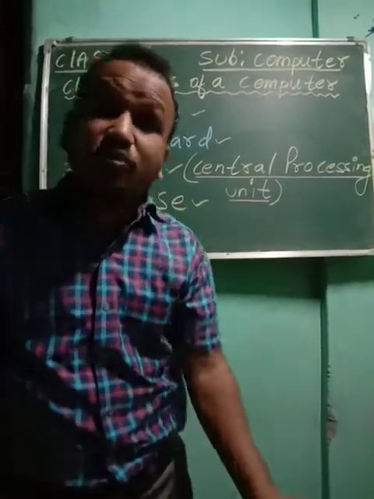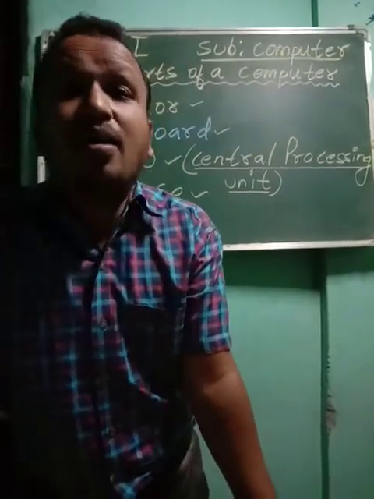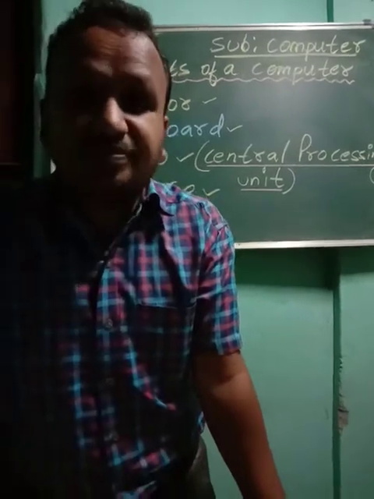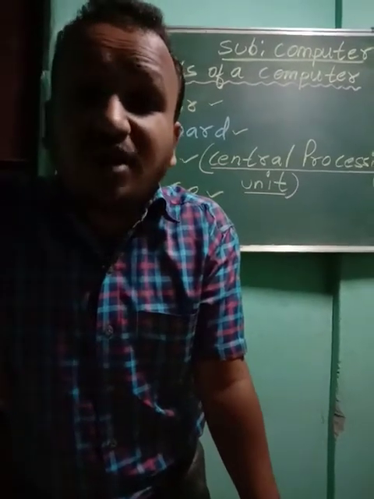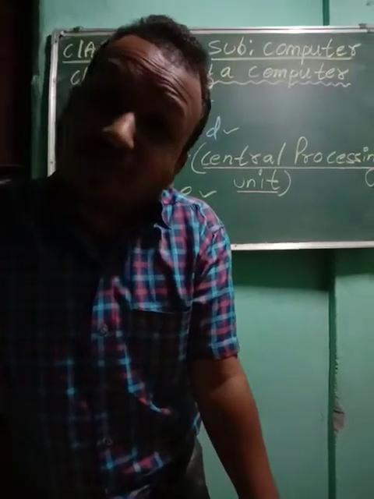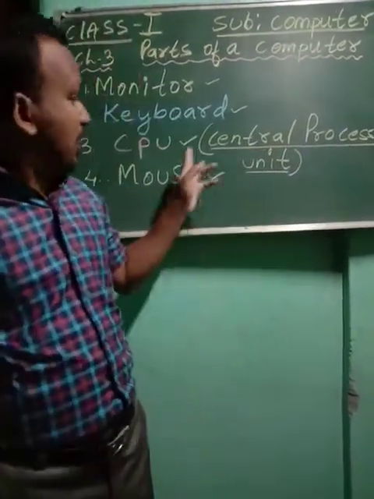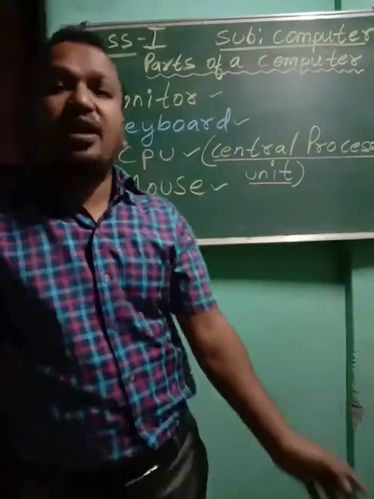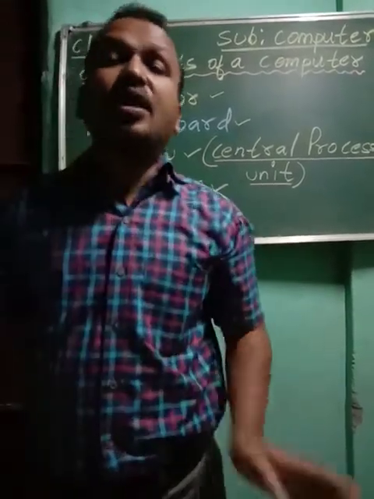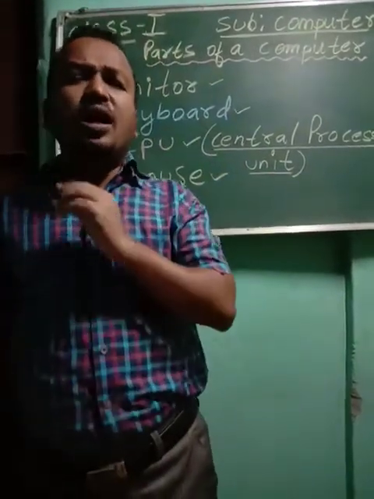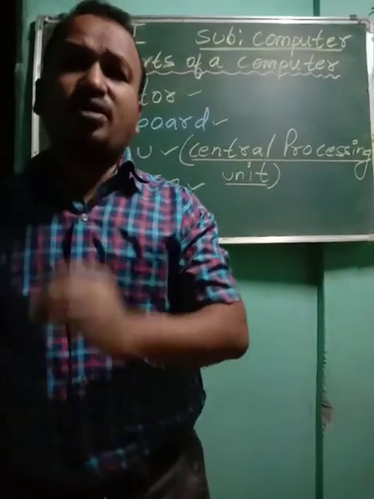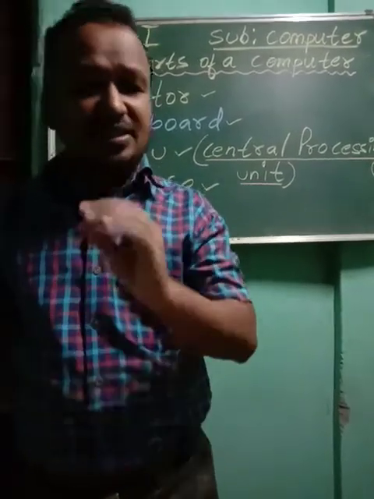Okay, CPU is what? It is also called the brain of a computer. Okay children, like how our brain controls our body, in the same way the CPU controls the functions of a computer. Without a CPU, the computer will not work at all. Okay children, see.